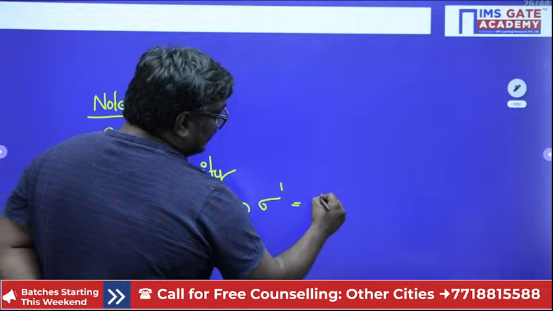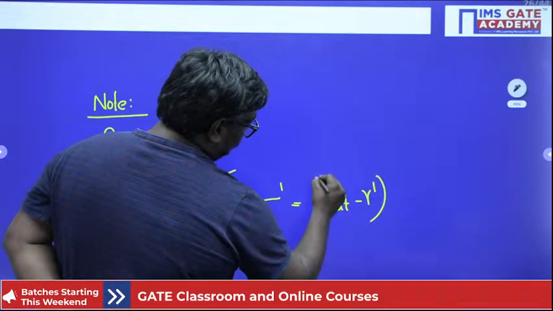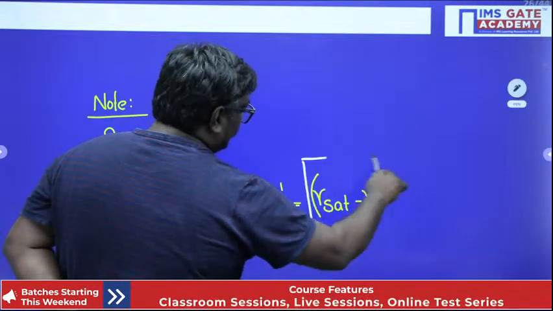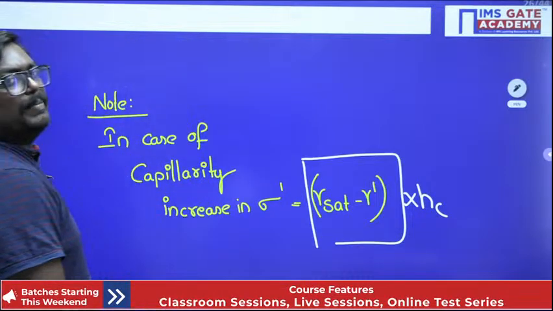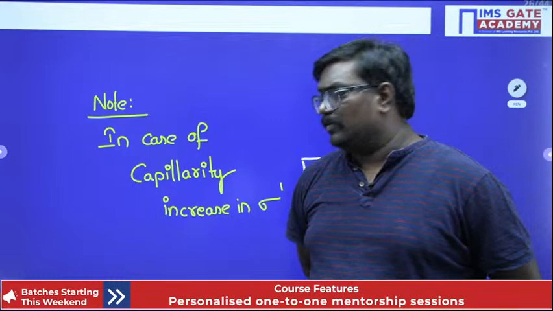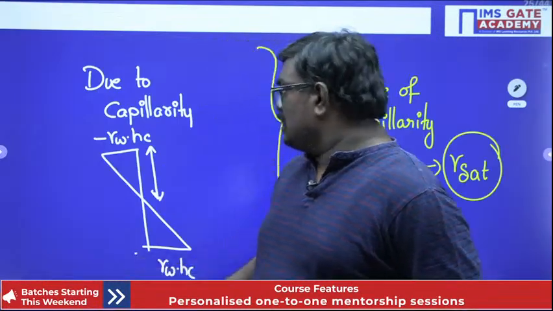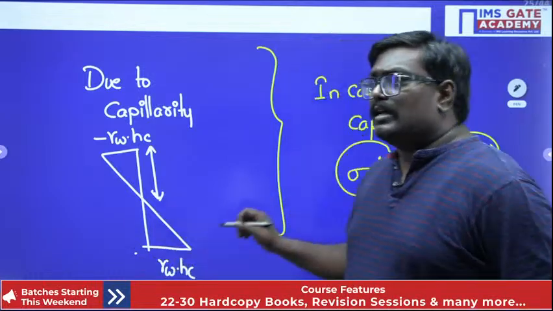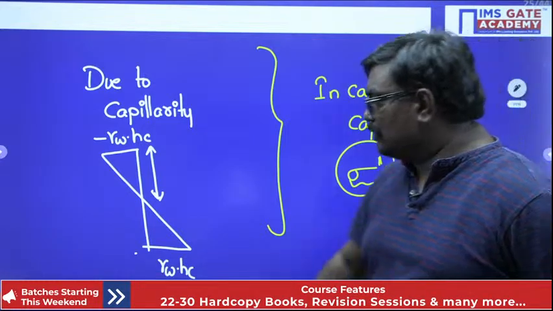You can write it as gamma sat minus gamma dash into the capillarity height. So these things are very important when you are solving the GATE question. So here what I would like to tell you, student, in case of capillarity, the effective stress is taking gamma sat into account. Okay.